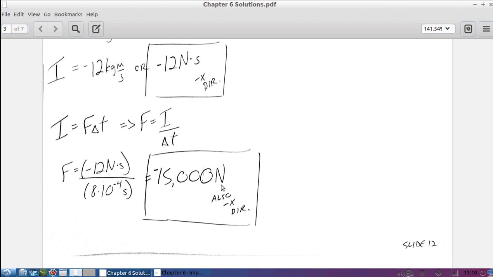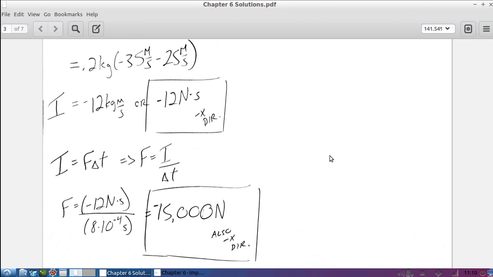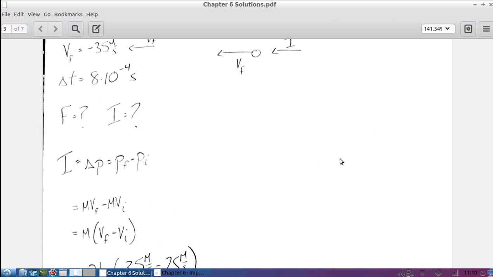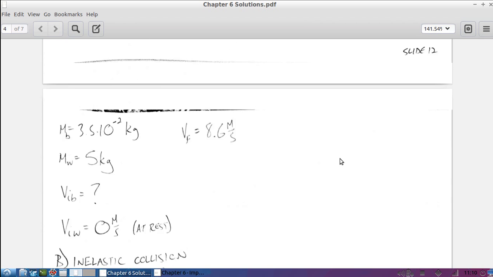But it takes a large amount of force to change the velocity of an object that's moving with that great of a speed. Okay, so you're actually applying a very, very large force on a baseball or a softball when you hit it. Okay, so don't be too concerned when you're getting large forces in this type of situation.